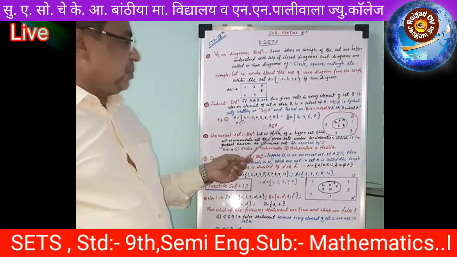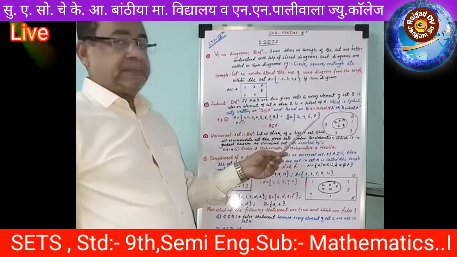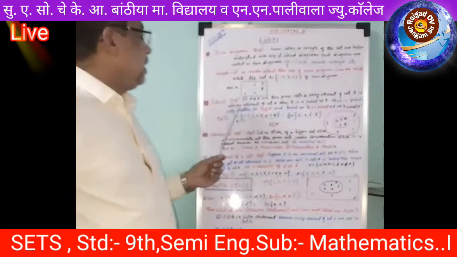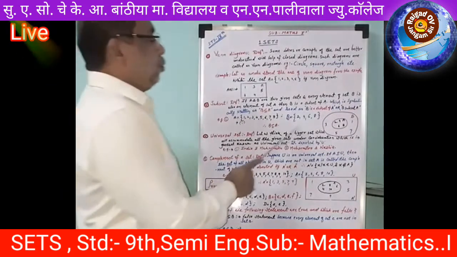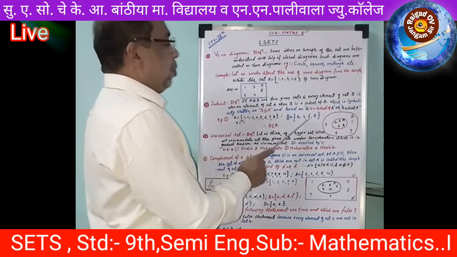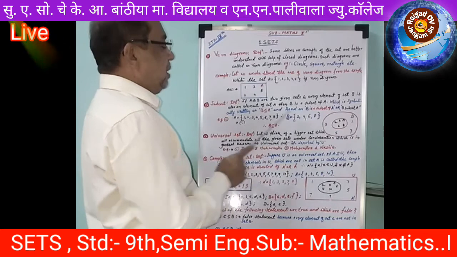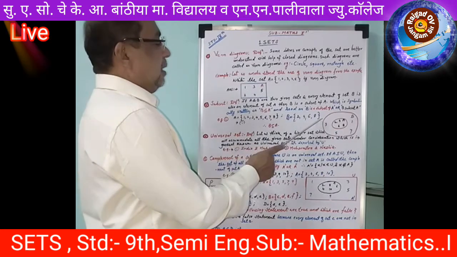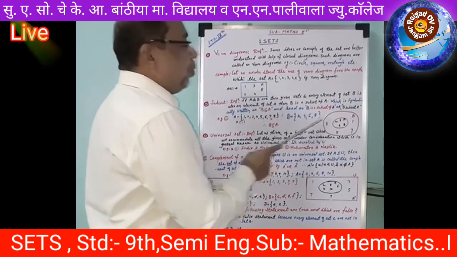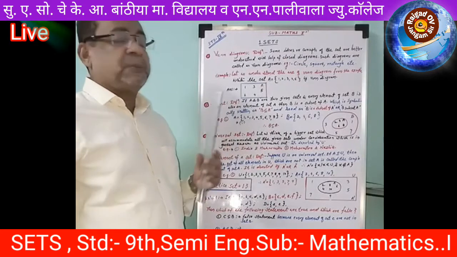Because each and every element of set B is present in set A. 2 is an element of B, present in A. 4 is also present in A. 6 is present in A, and 8 is present in A. It means all 4 elements are present in set A, hence B is a subset of A.